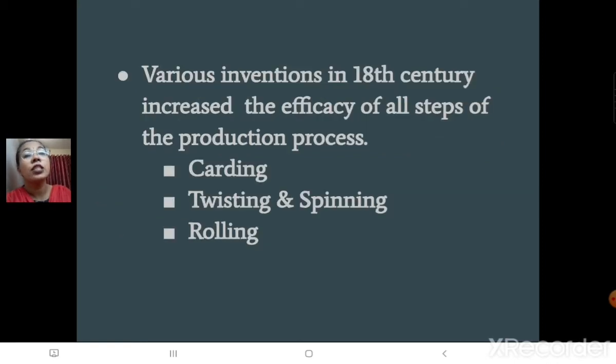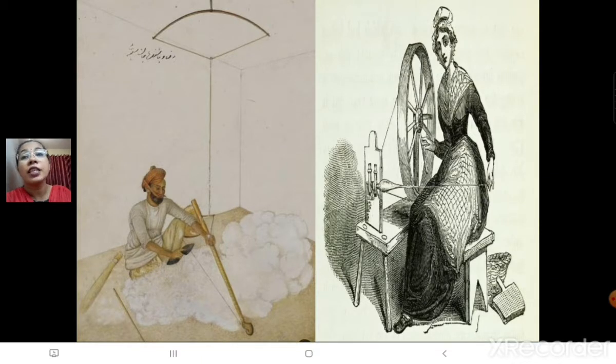During the 18th century, there were a series of inventions which led to an increase in efficiency, we can say effectiveness, at each step of the production process, like carding, twisting and spinning, and rolling. A lot of improvements were done in the process.